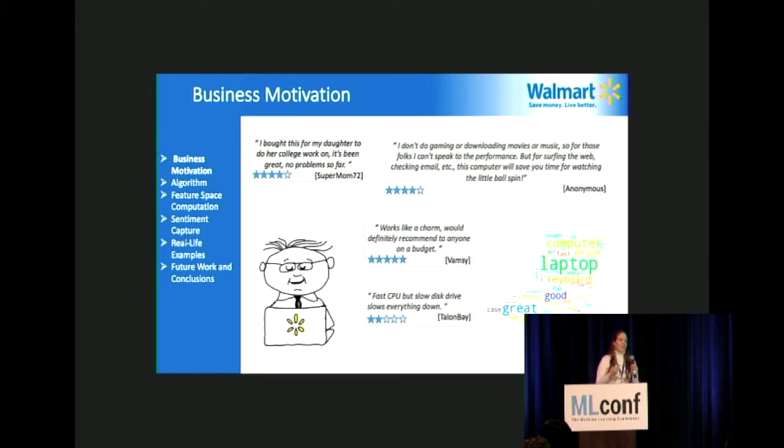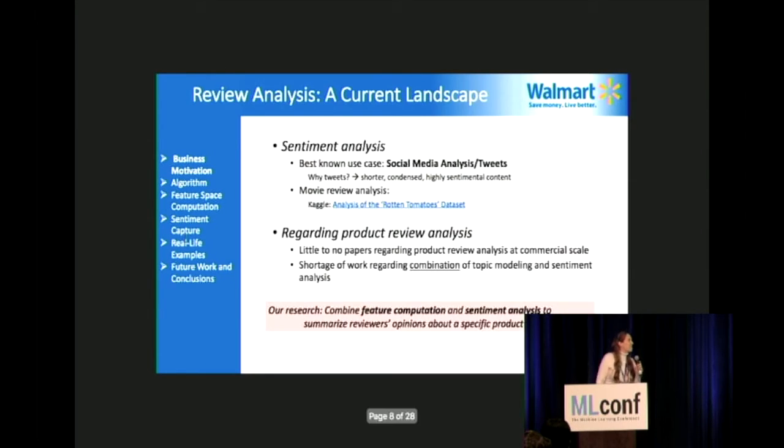You may also have cumbersome information. Here you can see that the word laptop came on top, but the word computer came on top as well, and these are two words that refer to the same feature, namely the overall product in general. So we wanted to do something about this, so that people can see in one snapshot what people have been saying about one specific product.